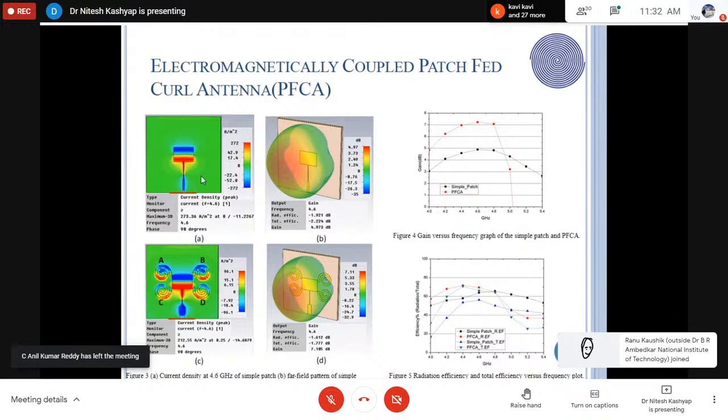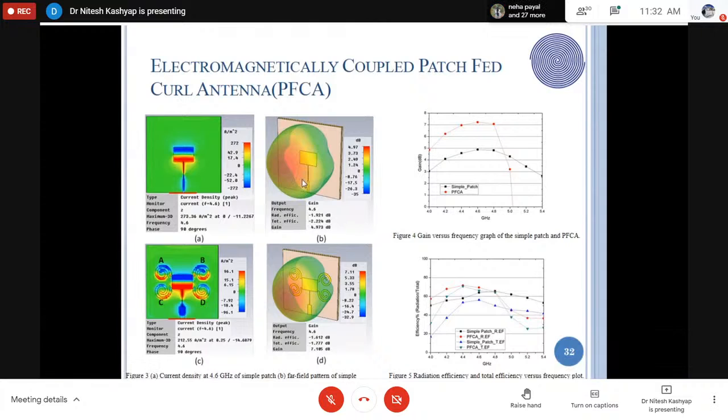And after the excitation we can see here the radiation pattern is unidirectional, because the patch antenna has a ground plane, and the ground plane is metallic, so it will reflect from one direction, and so we achieve this radiation pattern in a single direction. And the gain, we can see, is 4.97.